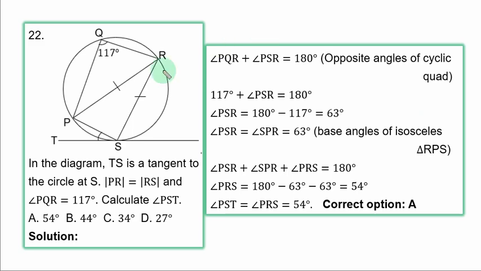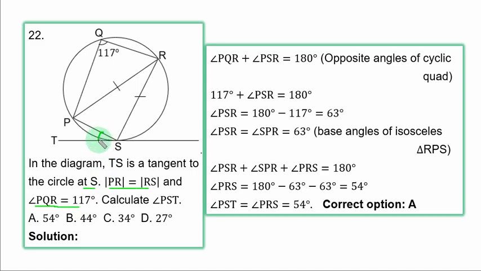Question 22. In the diagram, TS is a tangent to the circle at S, PQ is equal to RS, and angle PQR is 117 degrees. Calculate angle PST, that is this angle.